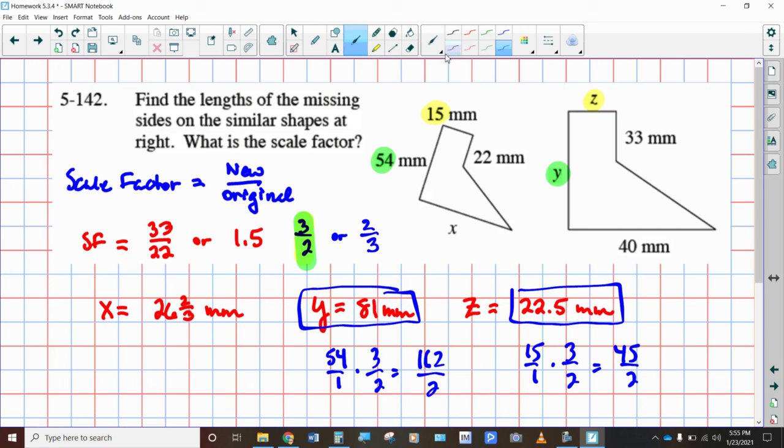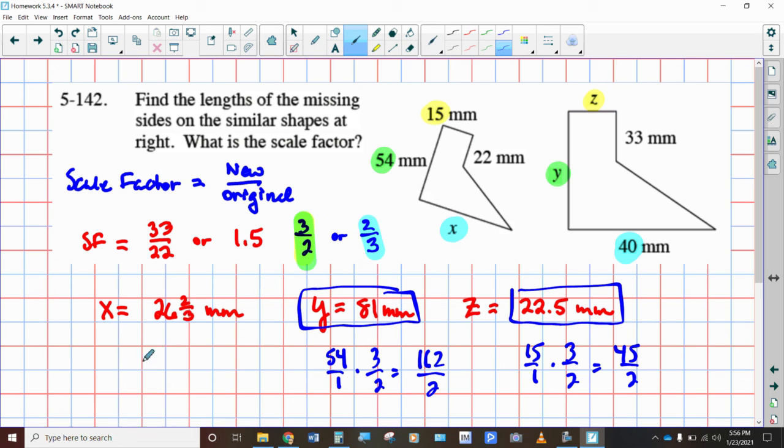Now, take a look at this last situation. Our known information is the 40 and the x, and x is less than 40. So I don't want to multiply this times 1.5. Technically, I would divide it by 1.5, but some students get confused by that. So I just say always stick with multiplying. x is shorter than 40, so we'll have to choose the scale factor that's less than 1.